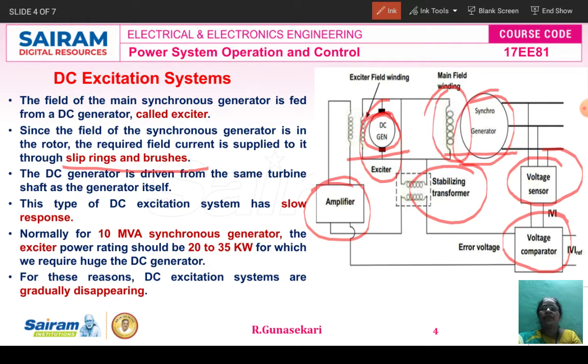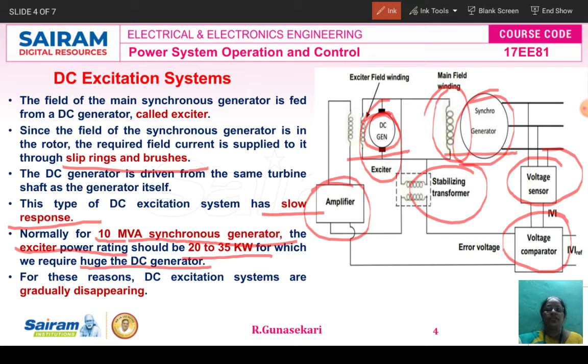This type of DC excitation system has a slow response. For example, for a 10 megavolt ampere synchronous generator, the exciter power rating is 20 to 35 kilowatt only. So therefore, a huge DC generator is required to excite the field winding of the synchronous generator.